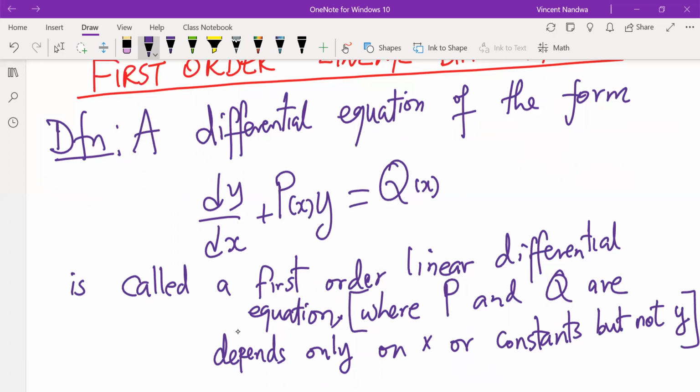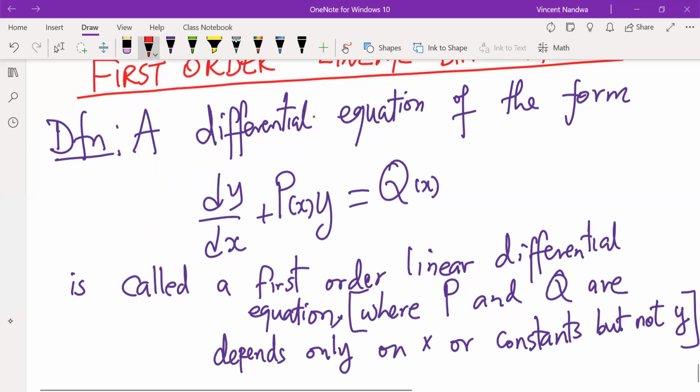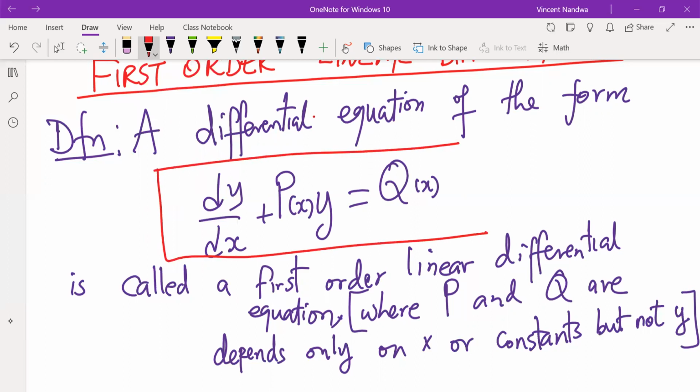So they are functions which depend on the variable x alone, but not the dependent variable y. So let's call this the general equation, the standard form of this first order linear differential equation. Let's call this one star.